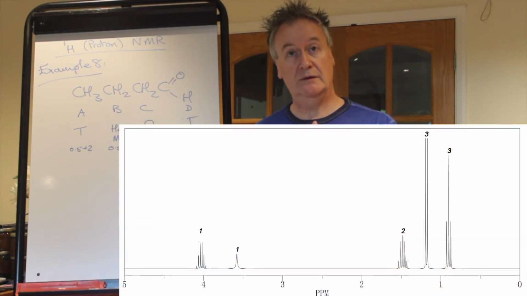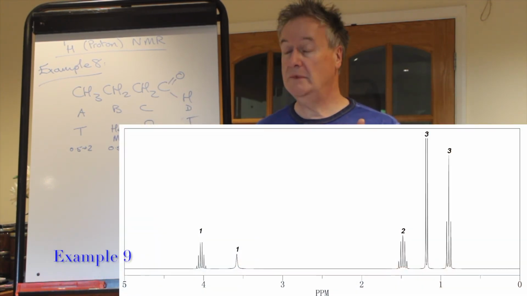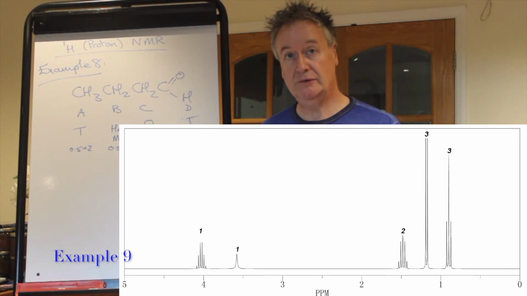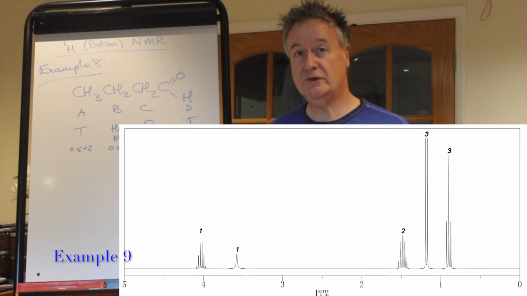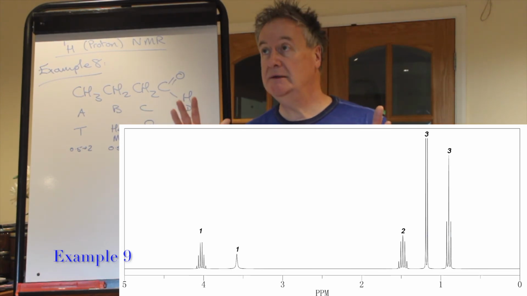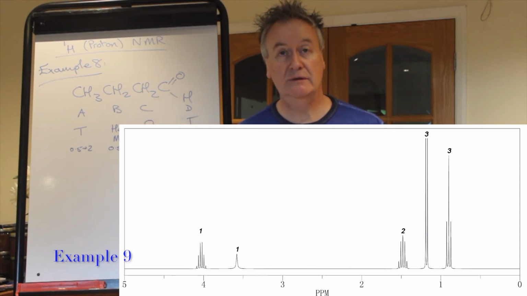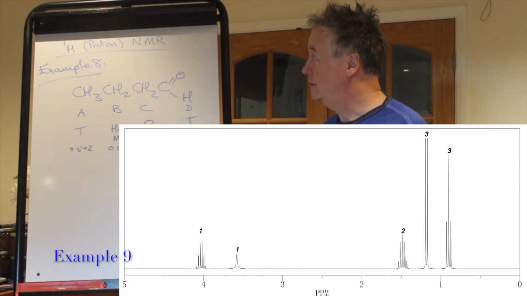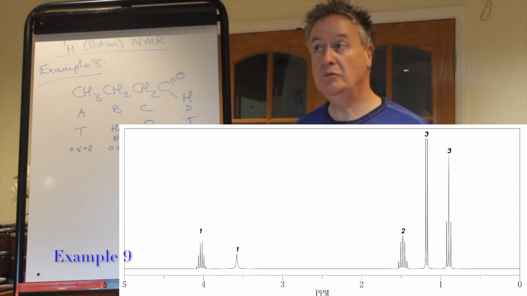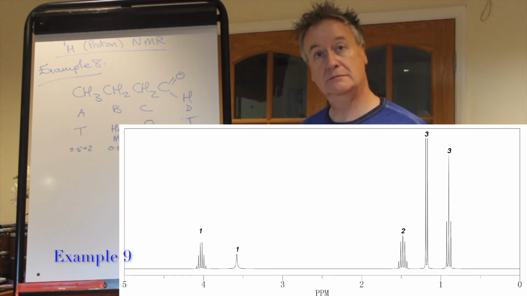You need to pause it and then do your analysis, propose, predict, does it agree? It's a little bit more tricky because you haven't got any clues like, is it this one or this one? You've really got a complete blank canvas. And then I'll be back with the analysis of that spectrum and see how you got on.